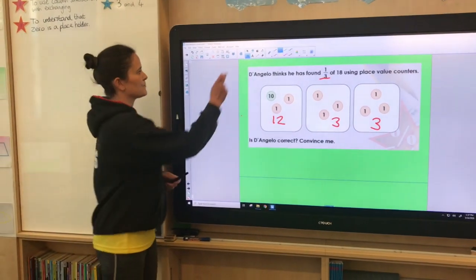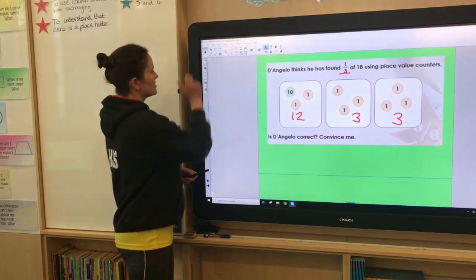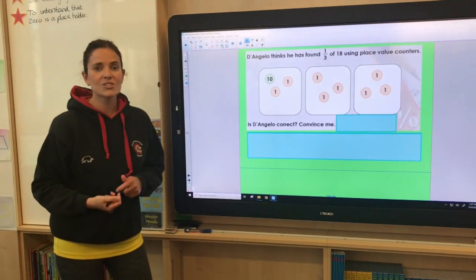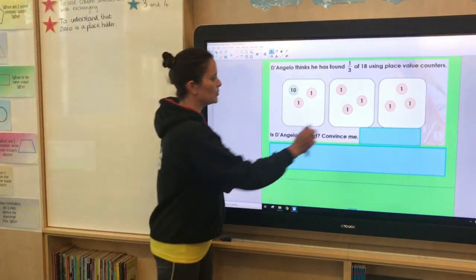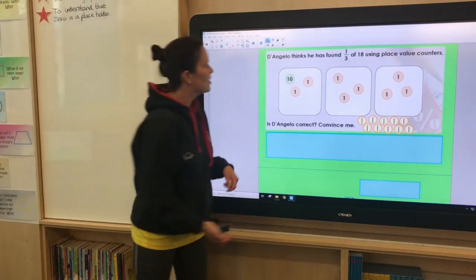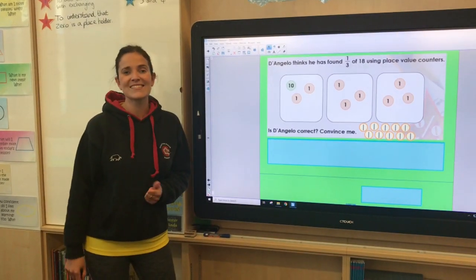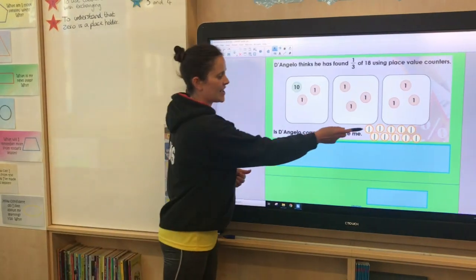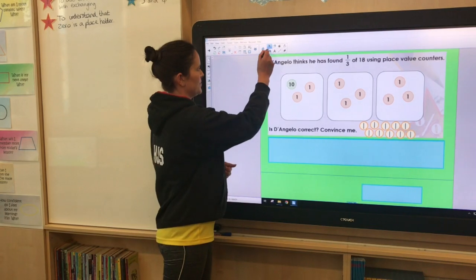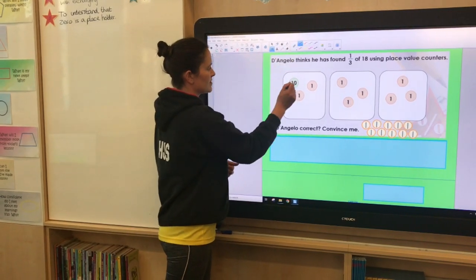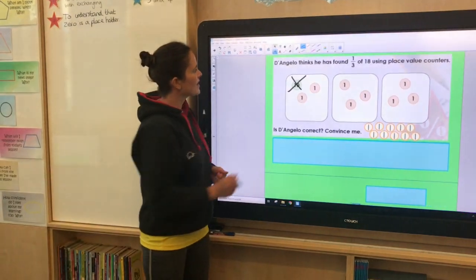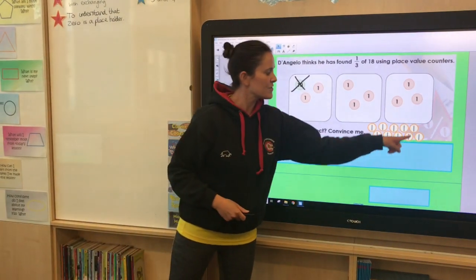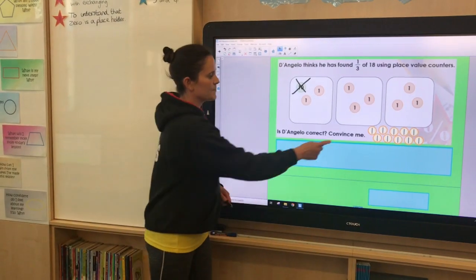They're not the same. What D'Angelo has to do to answer this question correctly is actually to exchange his tens counter for 10 ones down there. So if I get rid of the tens counter there, what I can do is exchange it for these 10 ones down there.